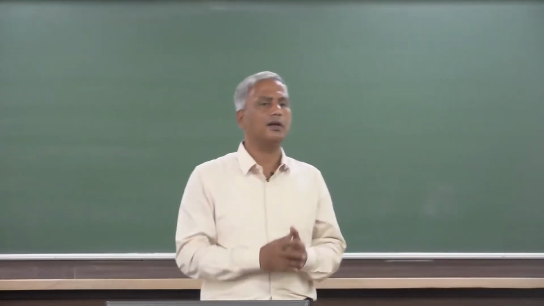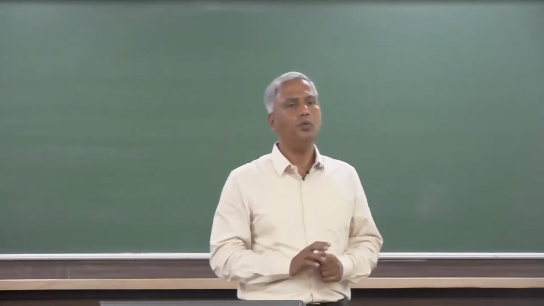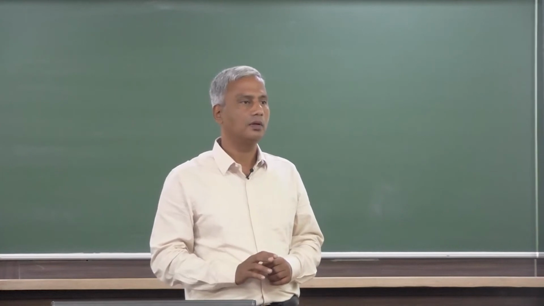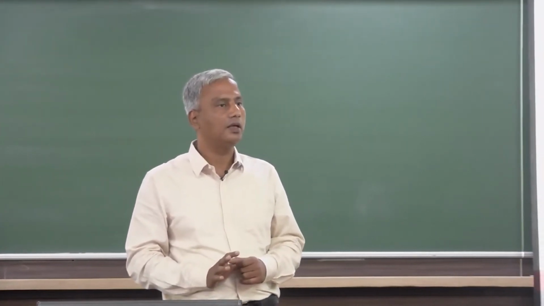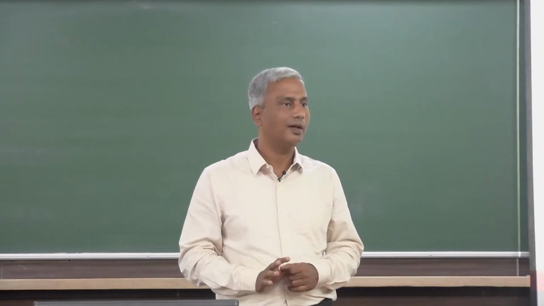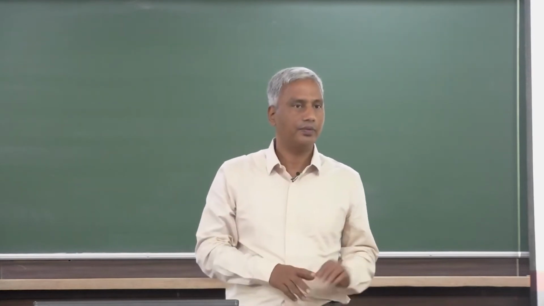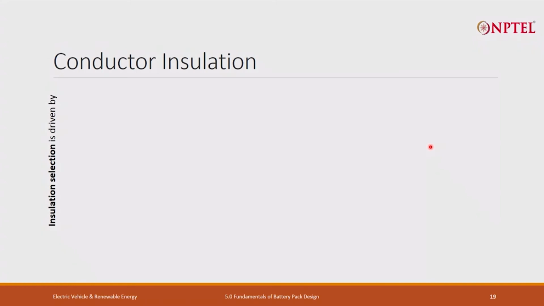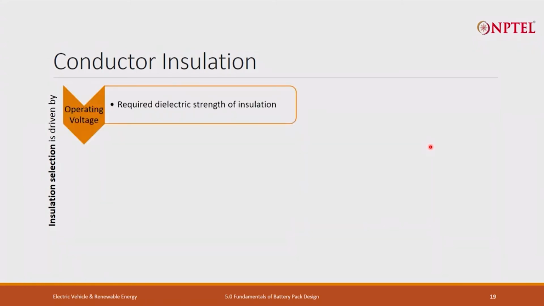Now, this conductor or bus bar needs to be insulated, mostly because of safety aspects, EMC and EMI, and then again thermal, because of these three reasons. So, insulation selection is mostly driven by operating voltage. For lower voltage you do not have to worry much, but if the voltage is going to be very high, then you need to worry about the breakdown strength: the dielectric strength of the insulation material should be sufficient for that voltage.